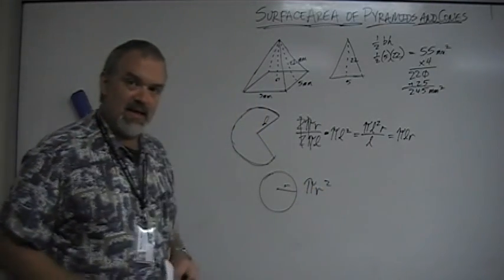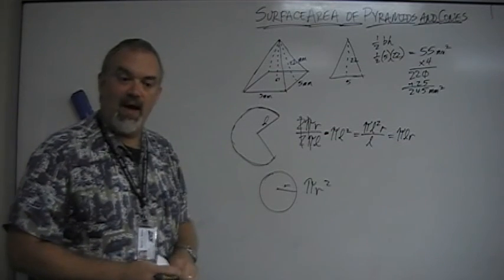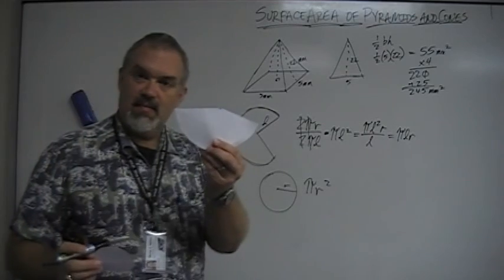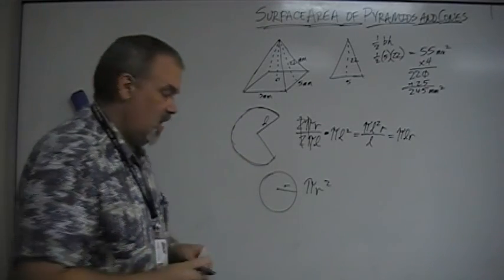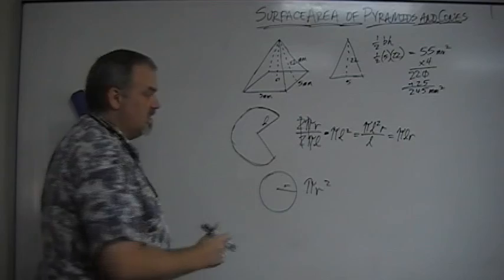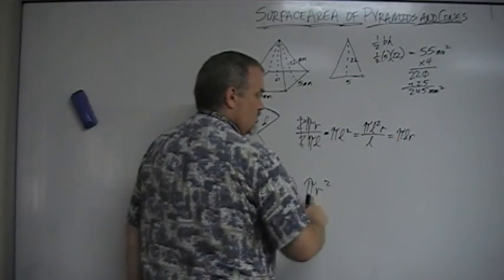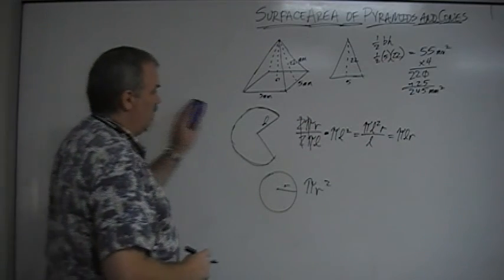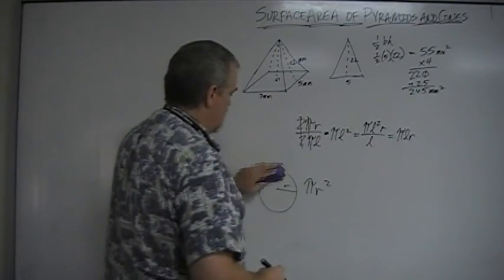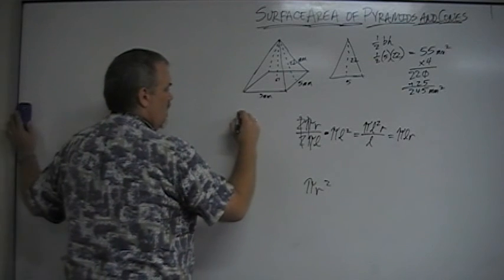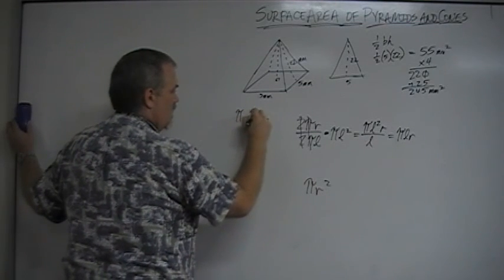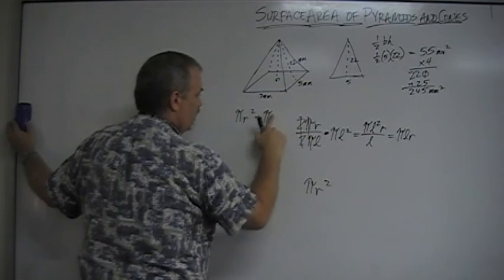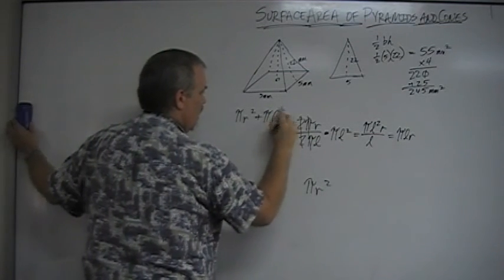And what that means is, whenever I'm trying to figure out the surface area of a cone, the base plus the slanted part, then that area is pi R squared plus pi R L, or pi L R. So I'm just going to rewrite that here, so we have it easily to work with. Pi R squared plus pi L R.